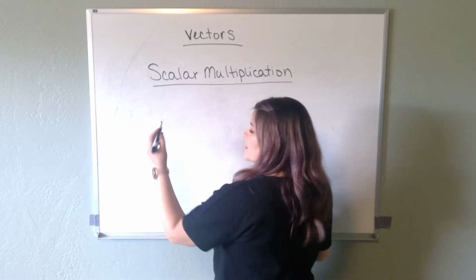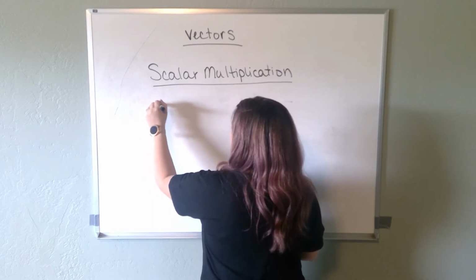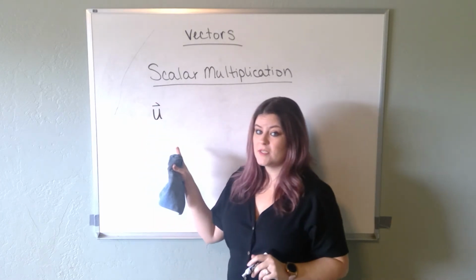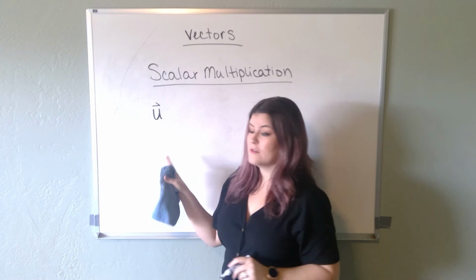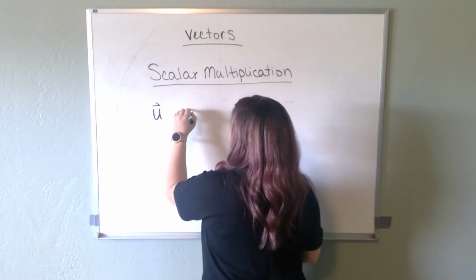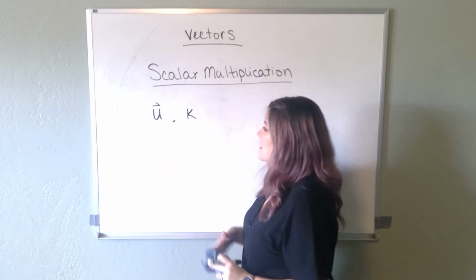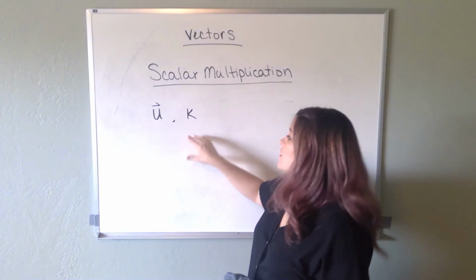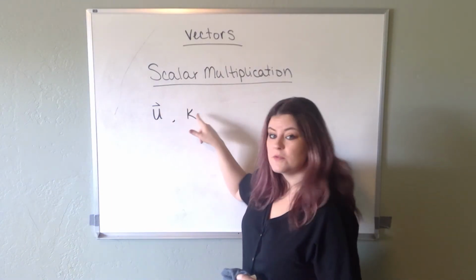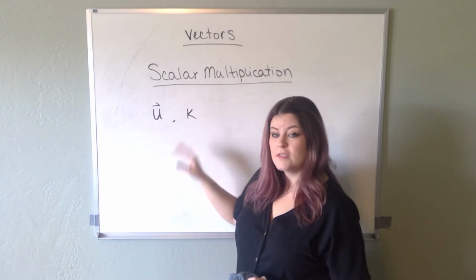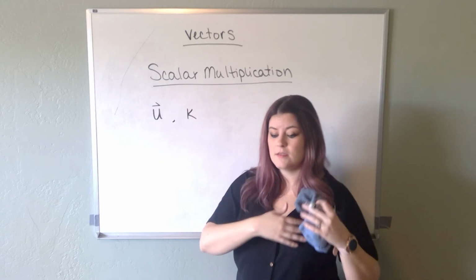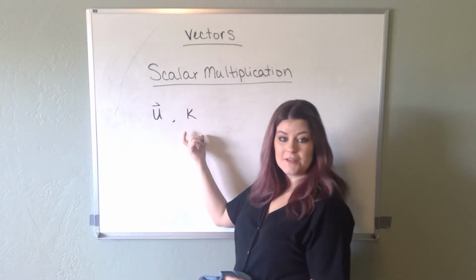So, for example, u is a vector. I know it's a vector because it's noted as a vector. But if I add another variable in there, let's say k, notice it's not a vector. I didn't notate that this stands for a vector. It just stands for itself. k is just a number or a scalar.